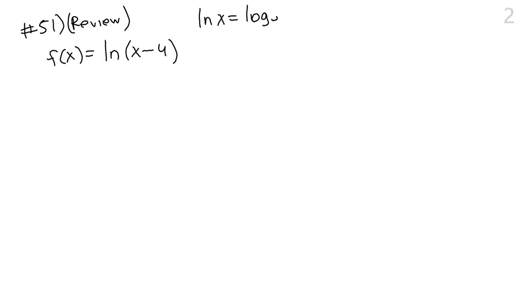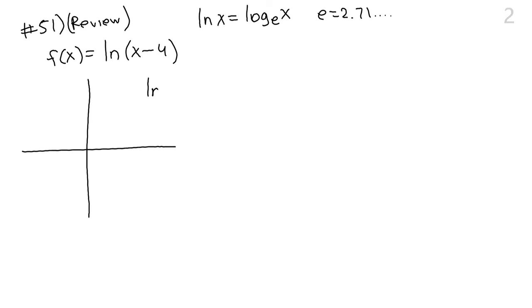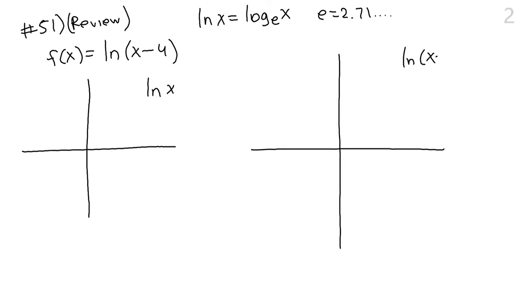This is just log base e of x, where e is Euler's number, which is 2.71... So I'm going to graph this logarithmic function just similar to how I graphed that exponential function. There's a horizontal shift here. First I'm going to graph log of x, and then I'm going to use a horizontal shift to graph the function that we want, natural log of x minus 4.